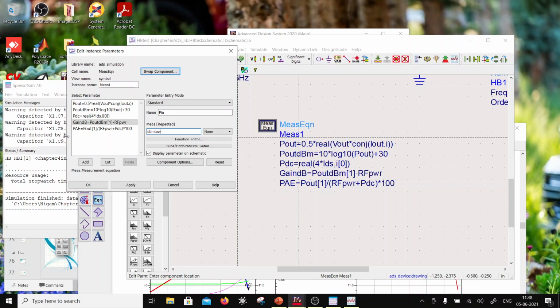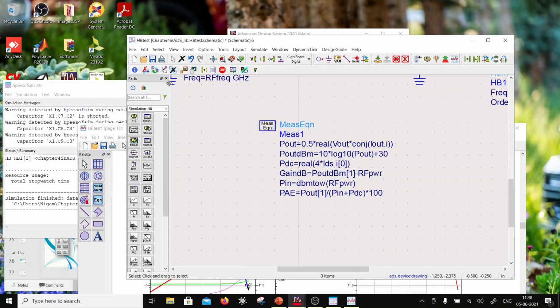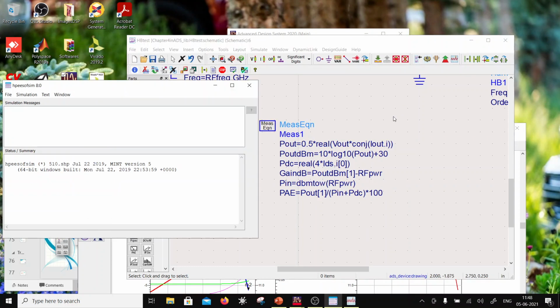So I'm converting the RF power from dBm to watts. Then here I should use P in plus PDC. So this is how you debug. Okay, apply. So I have to run this again.